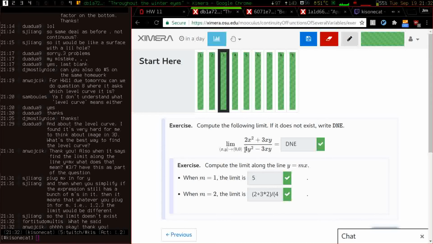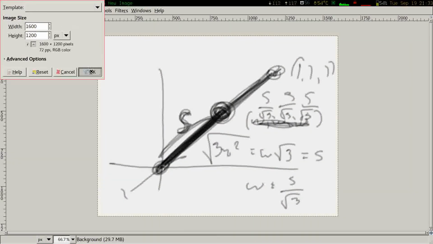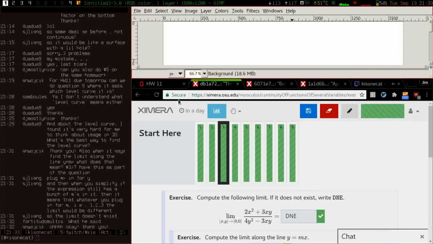What happens to it when you start to approach 0, 0 is pretty terrifying, depending on which line you're approaching 0, 0 along. So let me draw a picture here again.